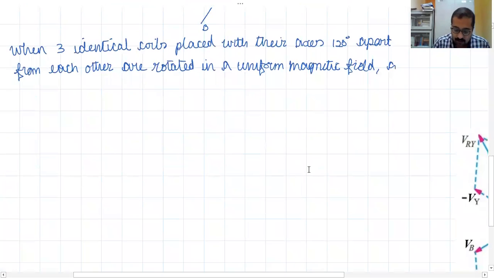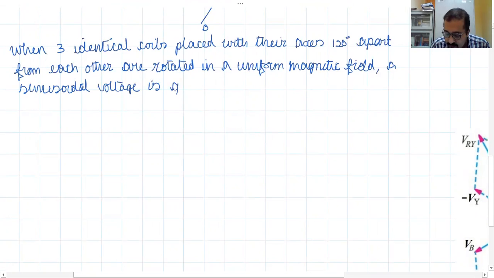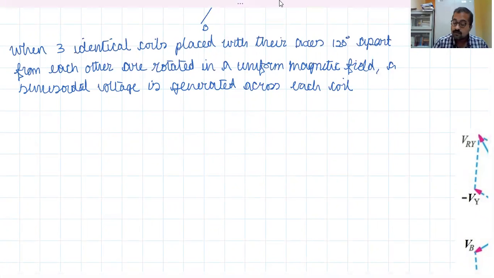So in all the coils, sinusoidal voltage will be generated.